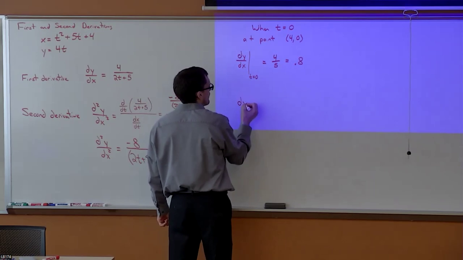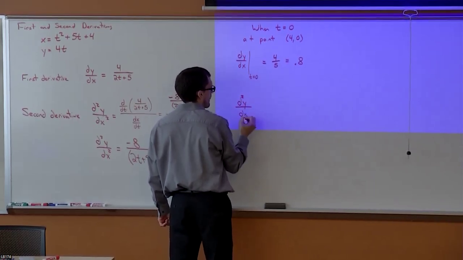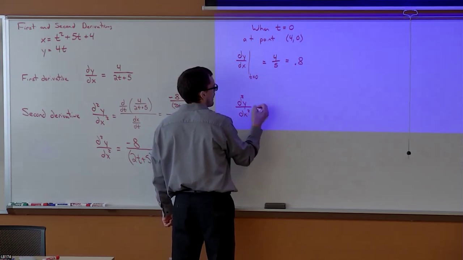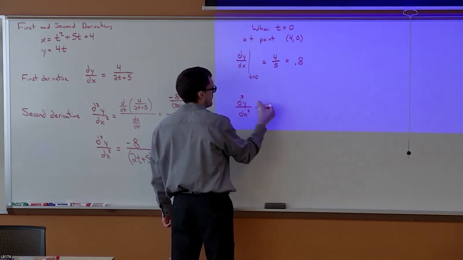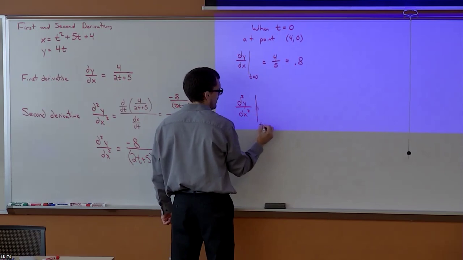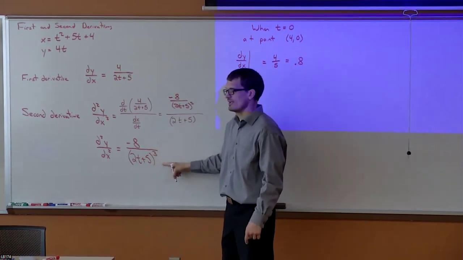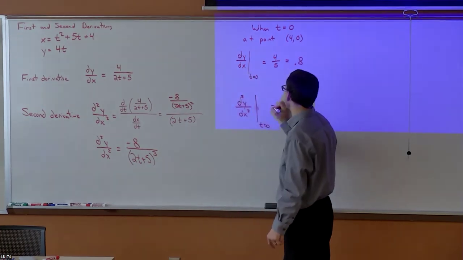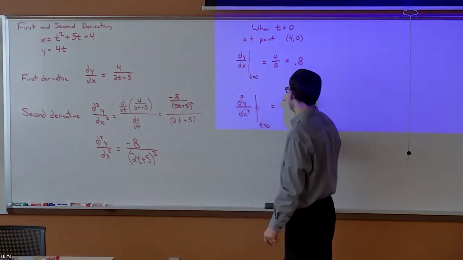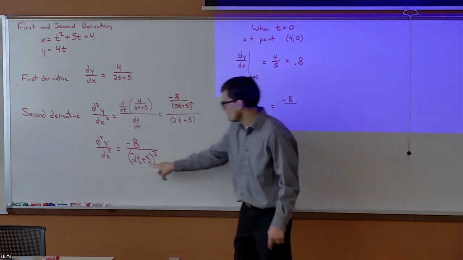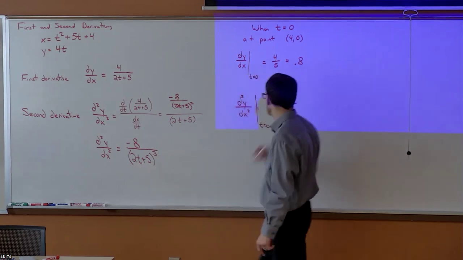The second derivative when t is 0, well, I just plug in a 0 into here. I get -8 over, if I plug in a 0, 5 to the third.